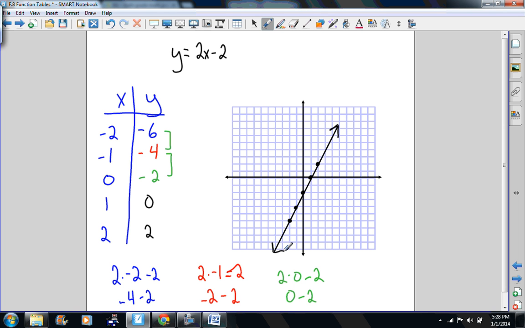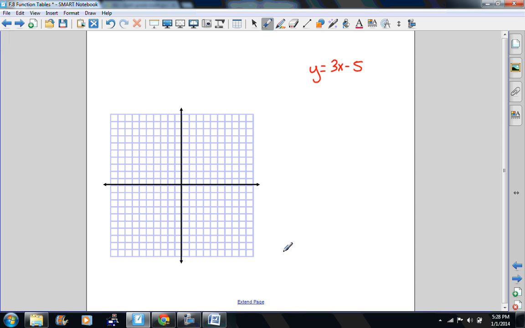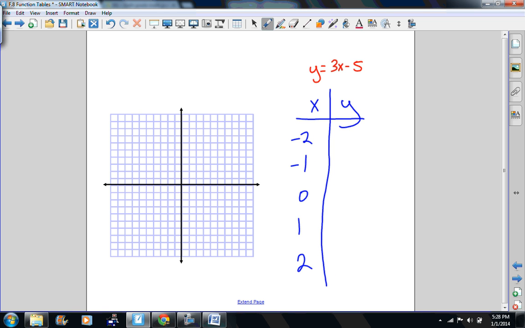Okay? So I know these can be a little tricky, but I want you to try this one on your own, 3x minus 5, and see how it goes. So for this one, first step, we have to make our table, just like this. Negative 2, negative 1, 0, 1, and 2. If I plug in negative 2 here, I get 3 times negative 2 minus 5. That becomes negative 6 minus 5, which is negative 11.